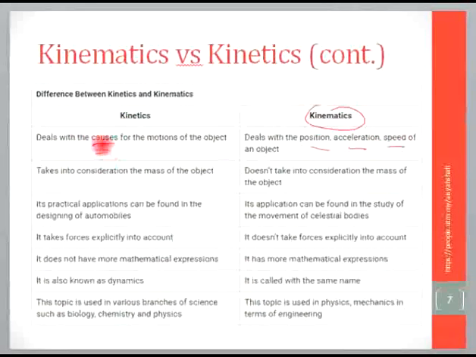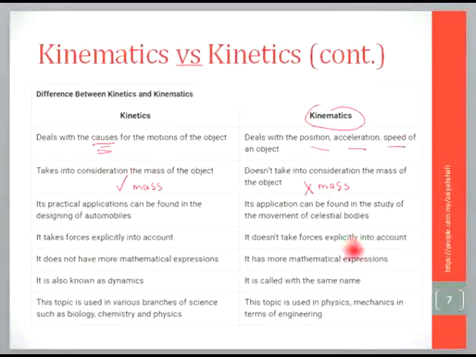So what you need to remember: kinematics does not take into consideration the mass of the object, so there is no need to know the mass. But kinetics takes into consideration the mass of the object.